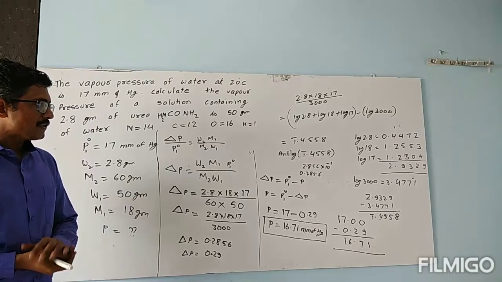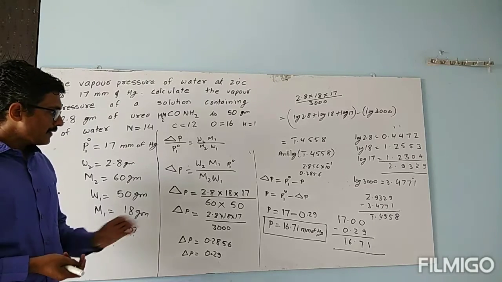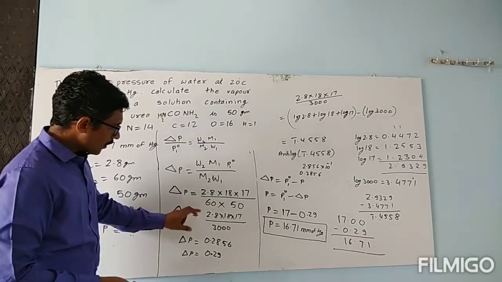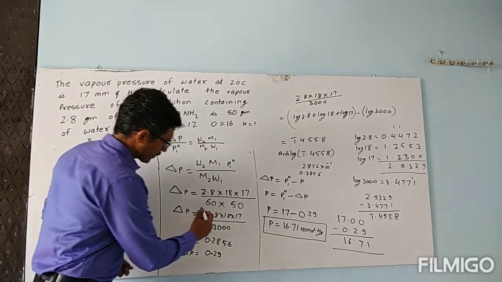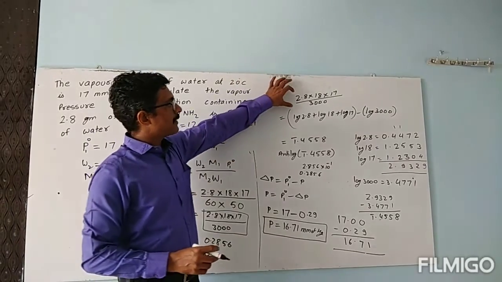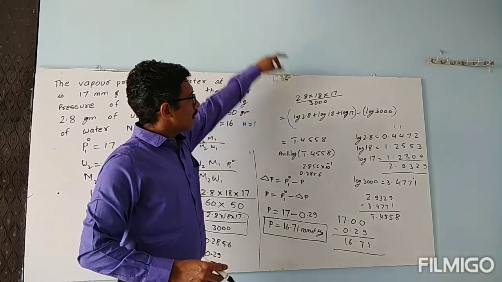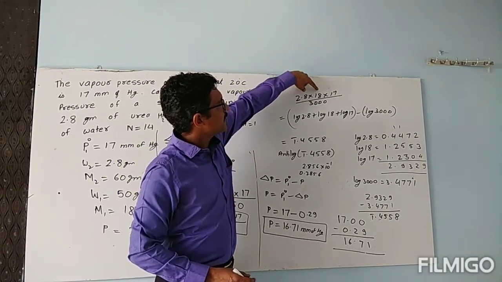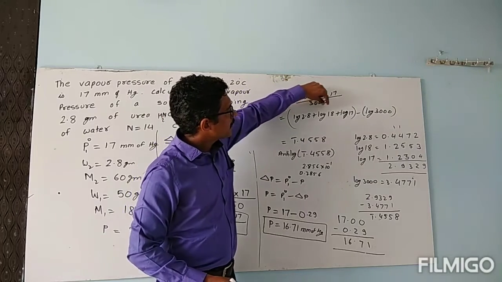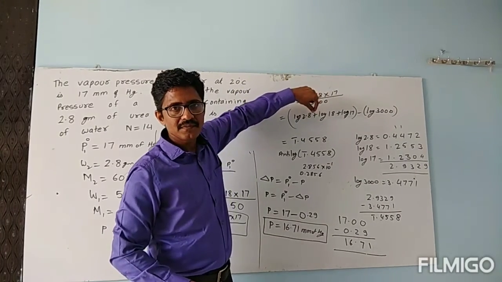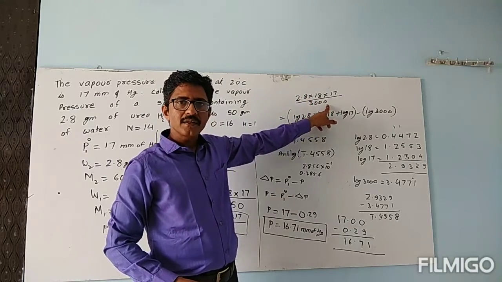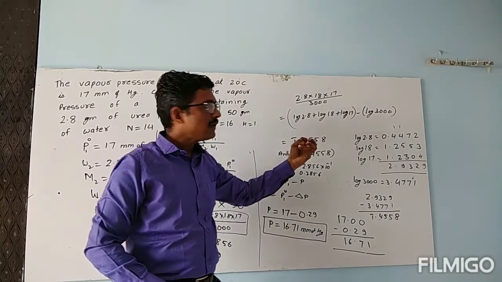Now I will discuss with you how I did this logarithmic calculation for this part, which I have written here separately. All the values which are present in the numerator, you take their log and add. Whatever is present in the denominator, you take their log and add.